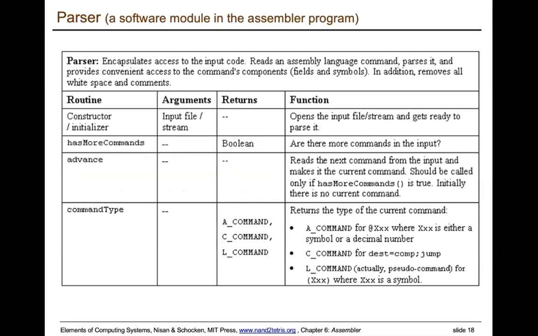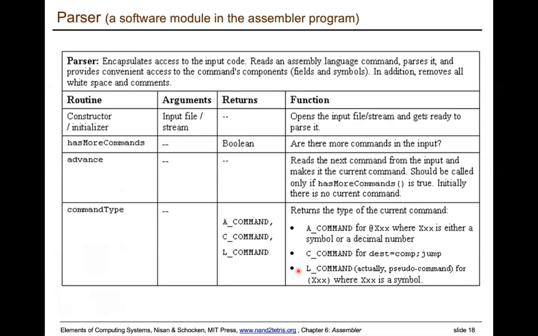You have the parser. Actually, the most complicated thing is the parser part. You have the command type: A command, C command, and L command. L command actually deals with the symbol. Right, so if you do your assembler by yourself in group project 1, you should deal with this error command.